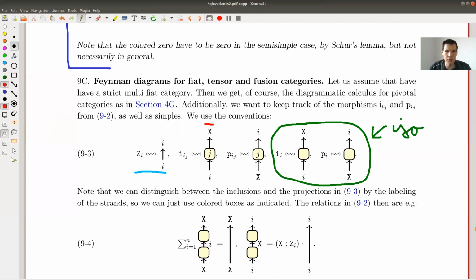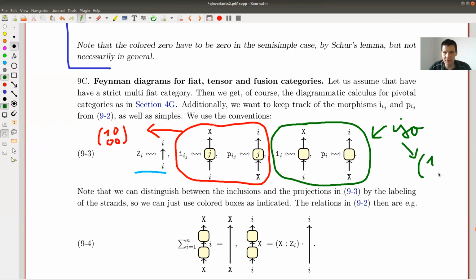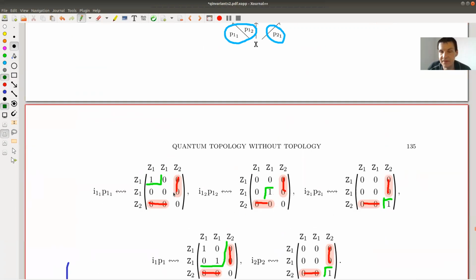In the notation from above, these were those matrices, and those guys here were these other block matrices. There might be other parts of the whole map, of course, as in the example above here.